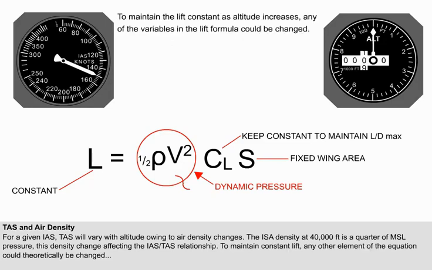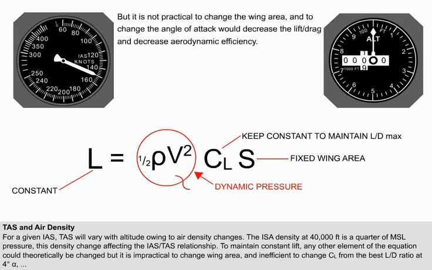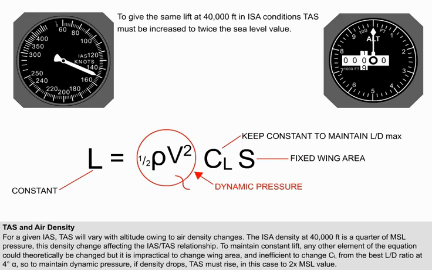To maintain constant lift as density decreases, any of the elements of the equation could be changed. But it is impractical to change wing area, and inefficient to change CL from the best lift-drag ratio at 4 degrees angle of attack. So since the dynamic pressure must be maintained, if one element drops, the density, the other, the TAS, must rise, in this case to twice the sea level value.